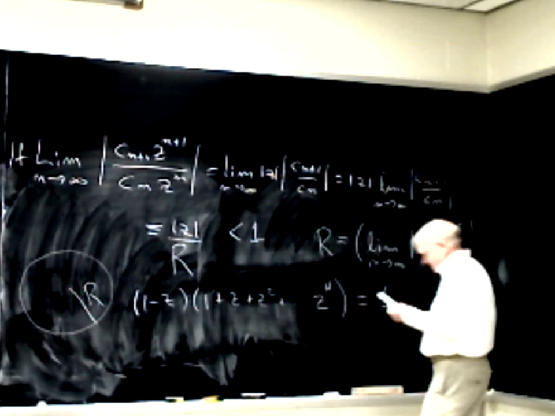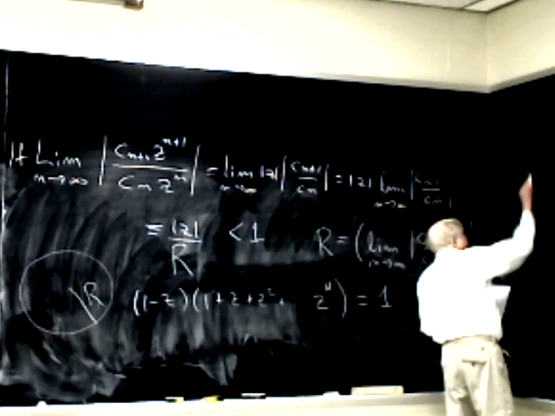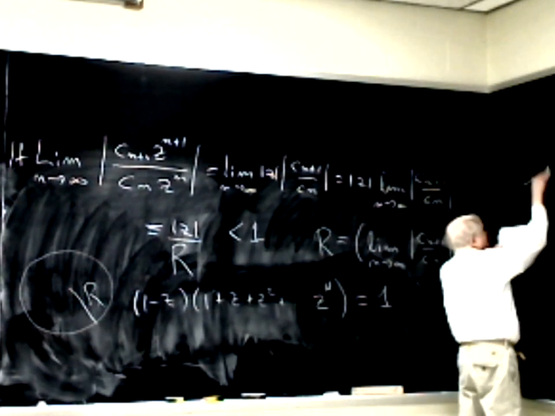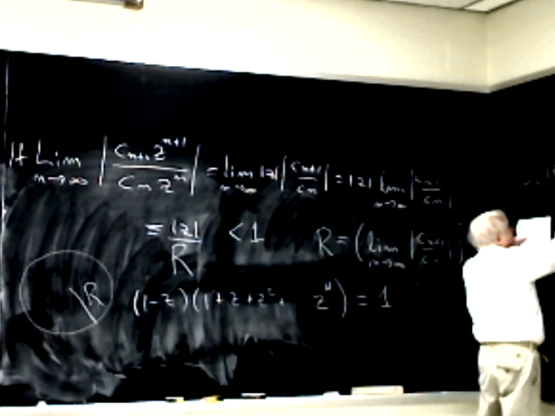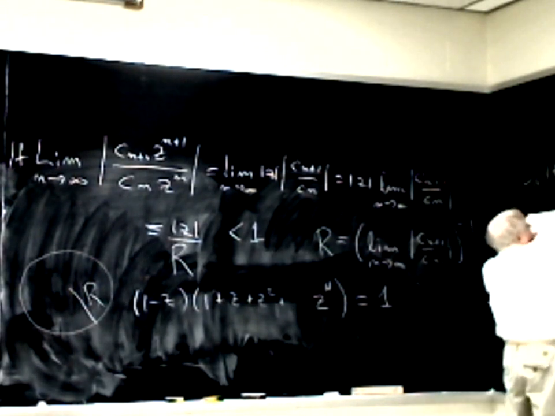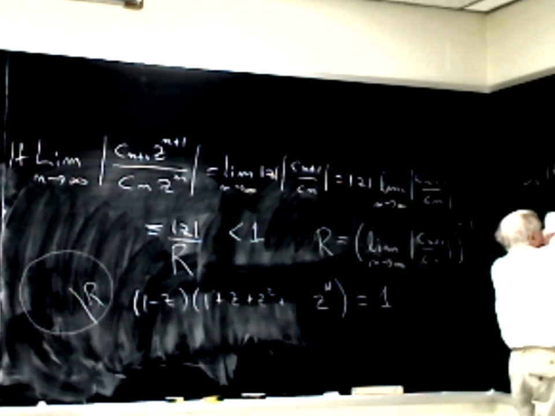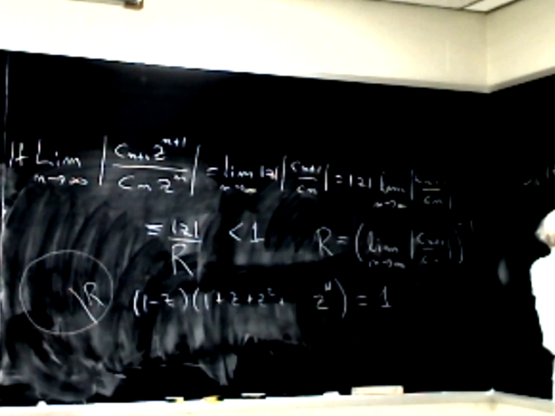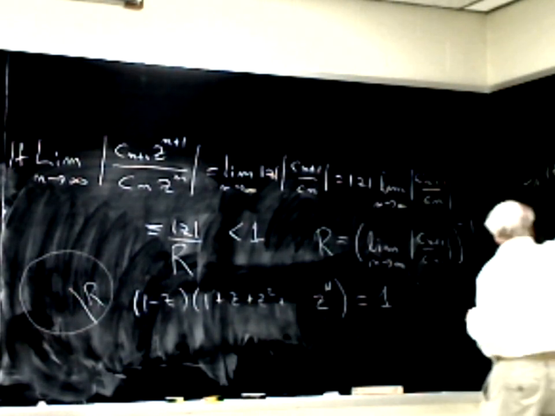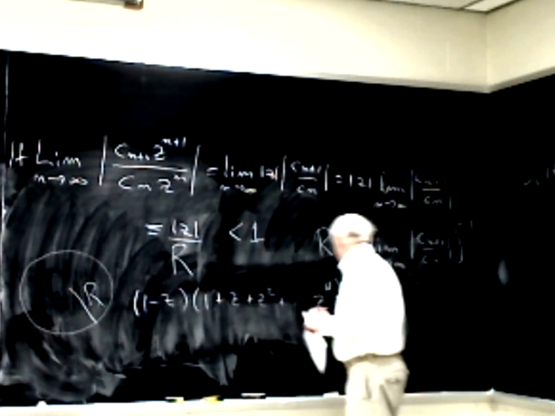And so this tells us then that the partial sum S of n of Z, equal to the sum n equals 0 to capital N of Z to the n, is equal to 1 minus Z to the n plus 1 over 1 minus Z. So, in other words, this thing here is this sum.